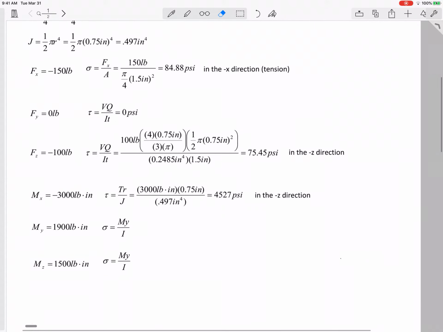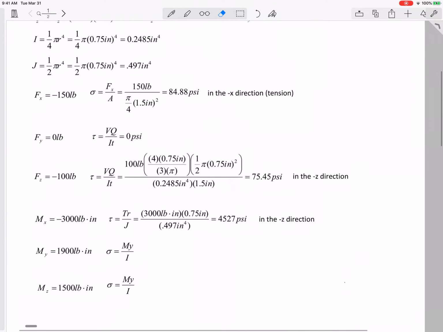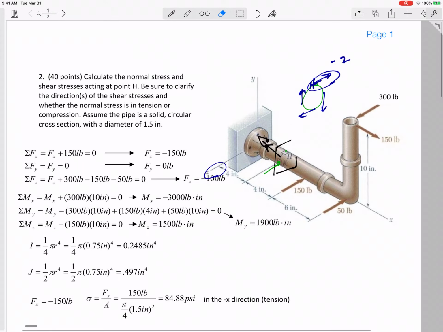All right. Now, My of 1,900 pound-inches. So I've got an My, a moment. Let me redraw this. I've cut it right here. A moment about Y. So Y is my neutral axis.